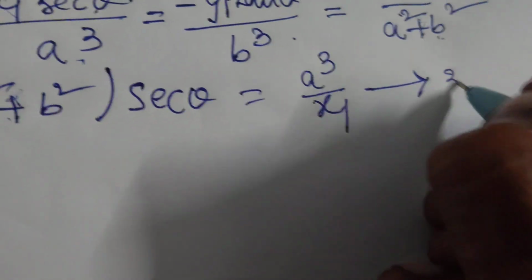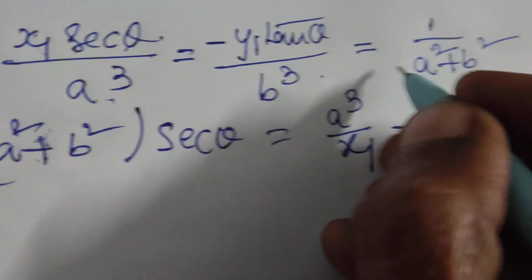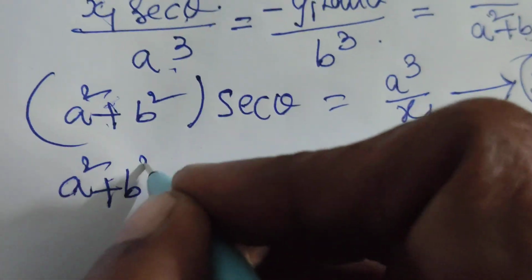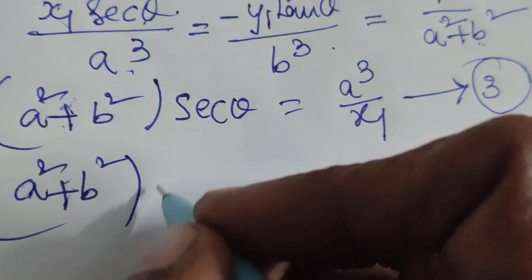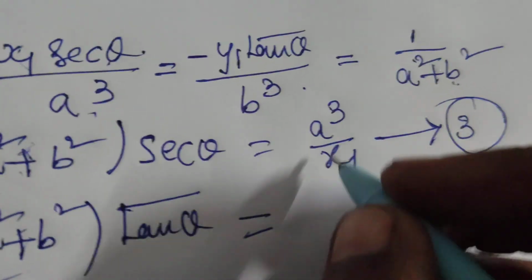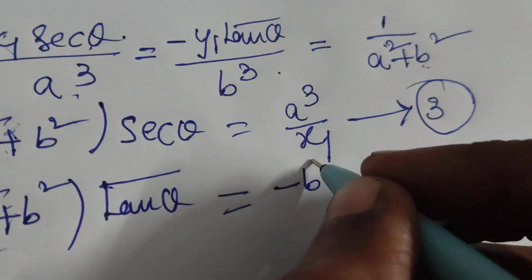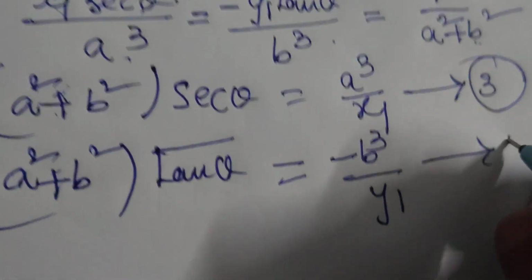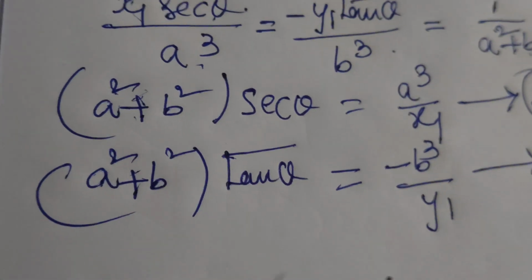Consider this as equation number 3. Next, (a square plus b square) into tan theta equals minus b cube by y1. Consider this as equation number 4.